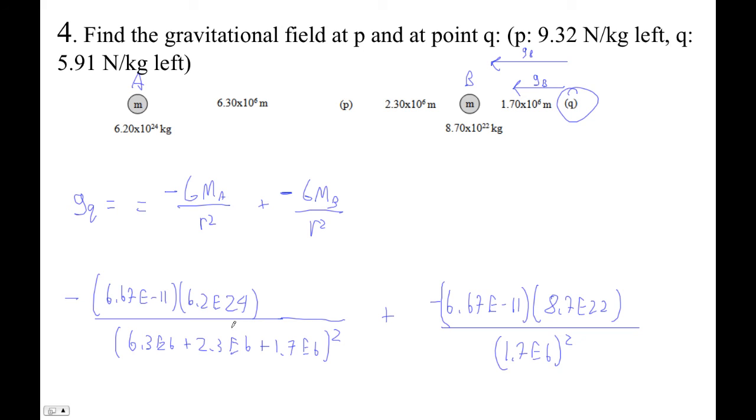Okay, so this is negative 3.898 newtons per kilogram. And then this guy here is negative 6.67 E minus 11 times 8.7 E22 divided by 1.7 E6 squared. That's negative 2.008.